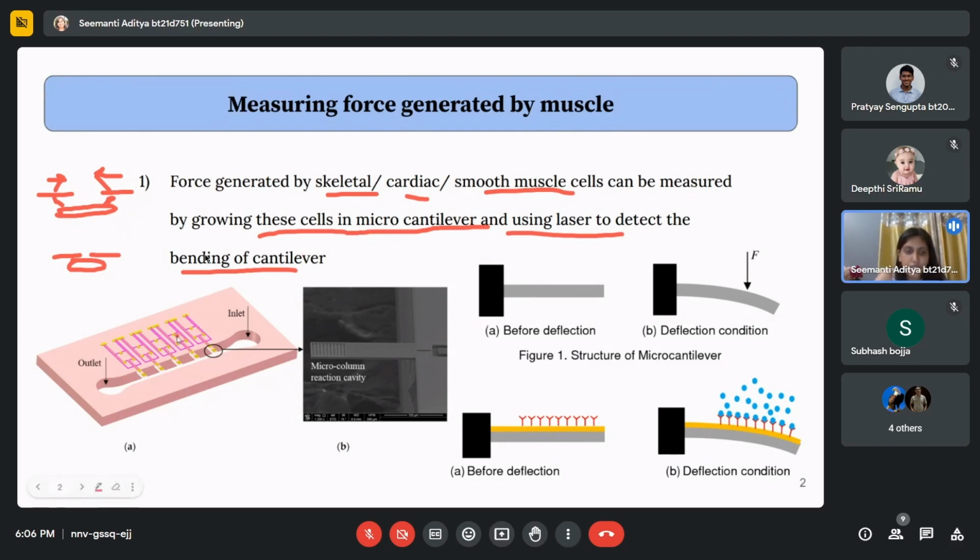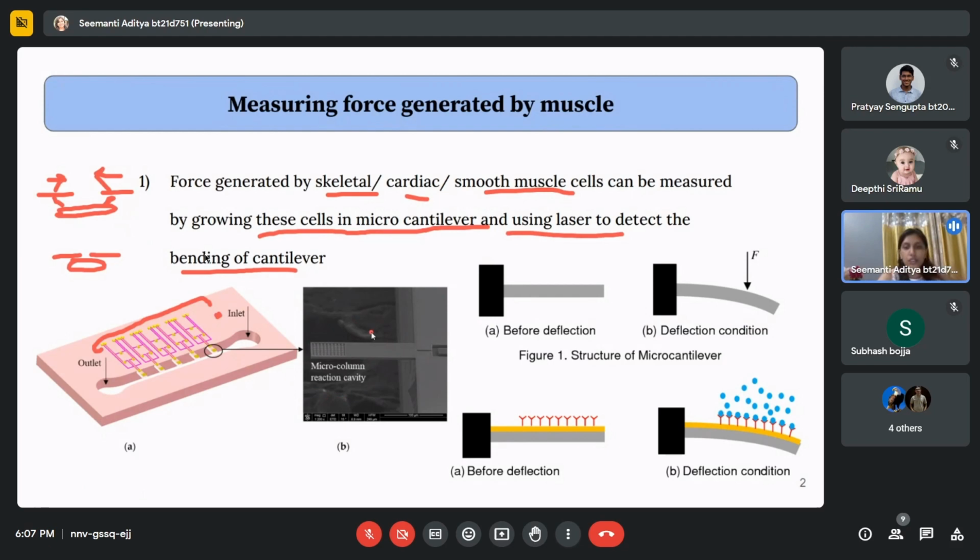Cantilevers look like this. This is basically a chip, and in this chip we can etch the surface, in the sense that a groove can be made. So it looks like this. Each of these columns, each of these micro cantilevers, is at a particular height from the surface, as you can see in the three-dimensional view.